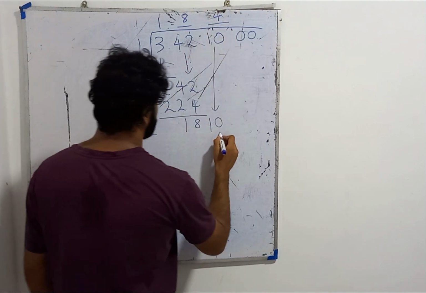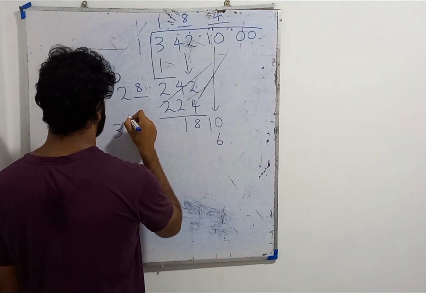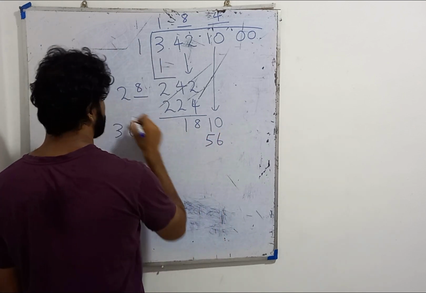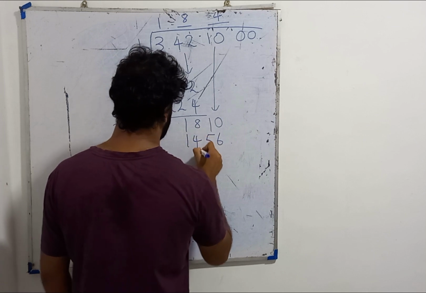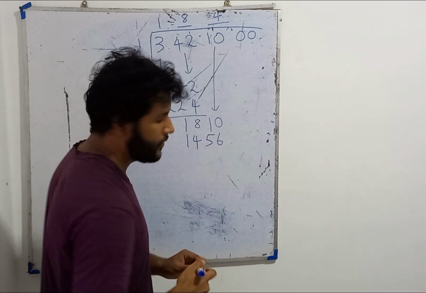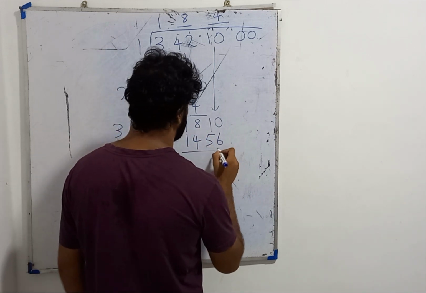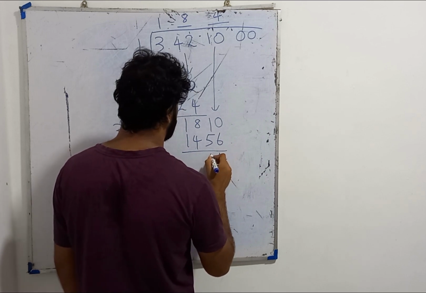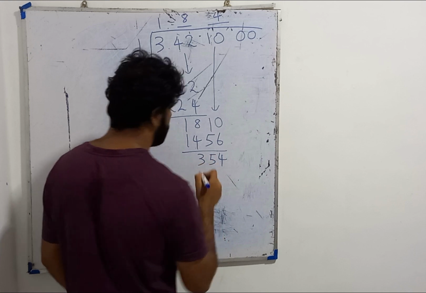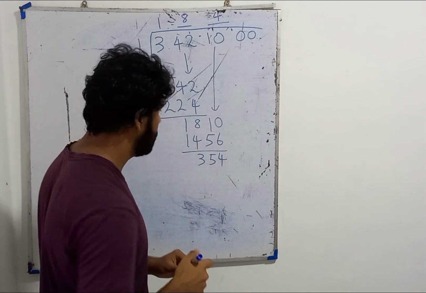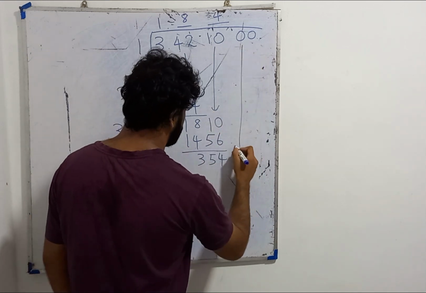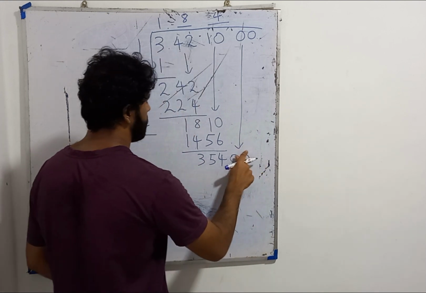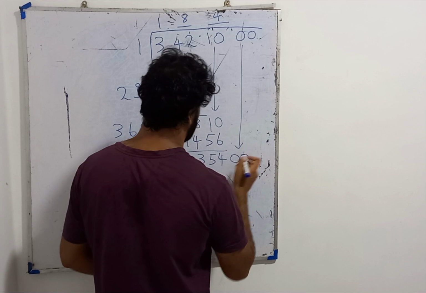Then 1, 4, 5, 6. Yes, 1, 4, 5, 6. 10, 4, 5, 3, 4, 3, 5, and 4. Take these two zeros down. 2 zeros down.